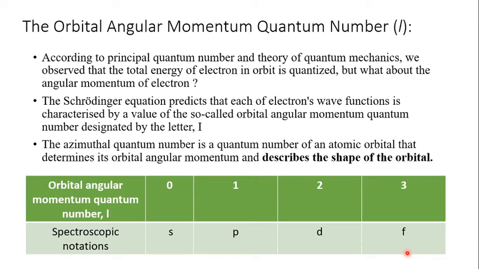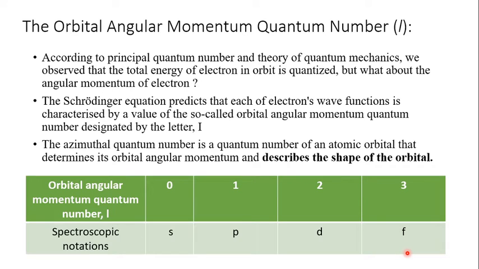The next is the orbital angular momentum quantum number. It is also called the azimuthal quantum number. According to the principal quantum number, in the theory of quantum mechanics, we observe that the total energy of the electron in an orbit is quantized.